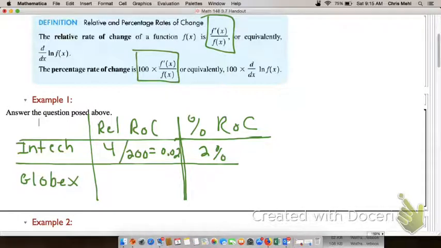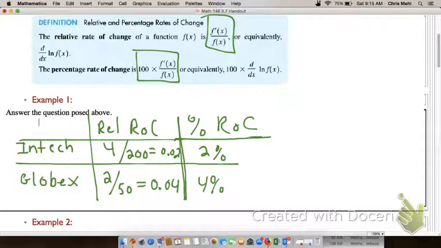Essentially what that means is if you were going to buy any Intech shares, for every dollar you spend, or any amount of money that you spend, after a year your investment is going to grow by 2% of that value. Now Globex, the rate of change is $2, thinking derivatives, rate of change in the numerator, divided by the value of each share, and that gives you 0.04 or a 4% rate of change.